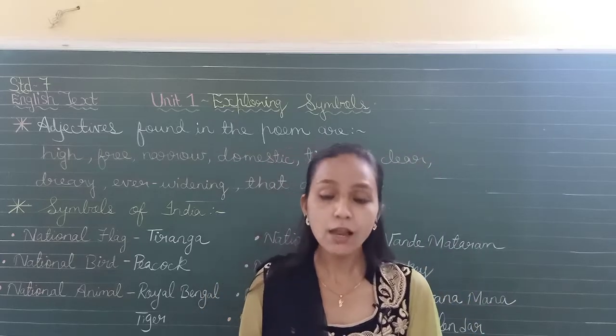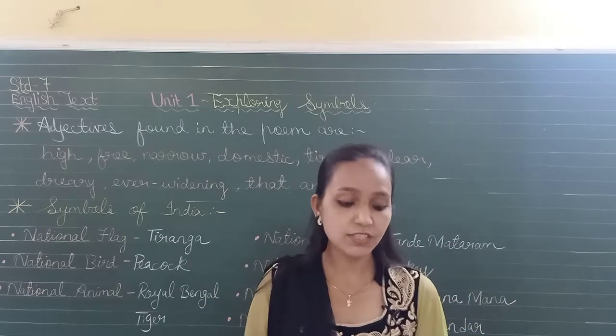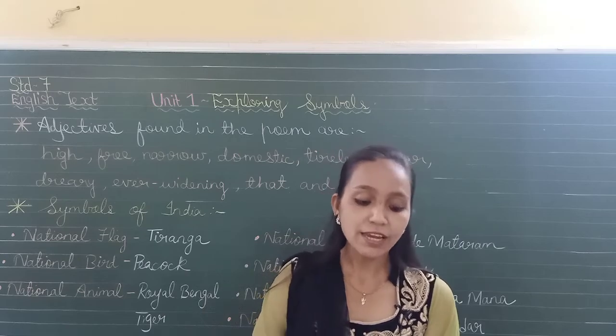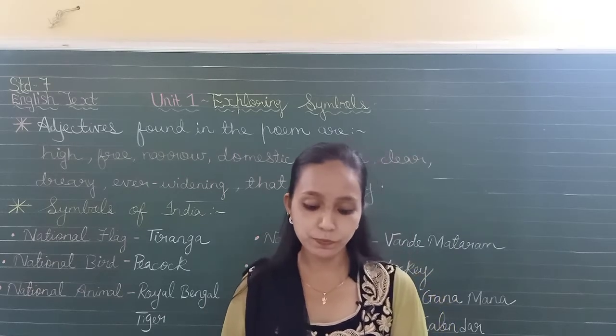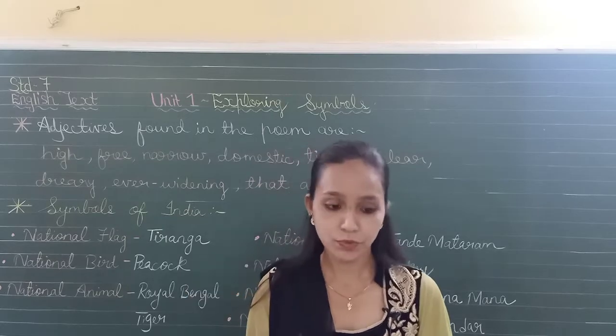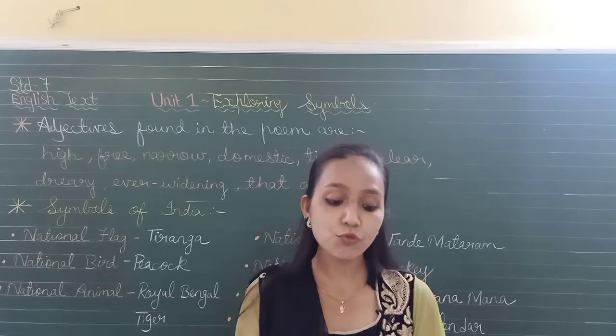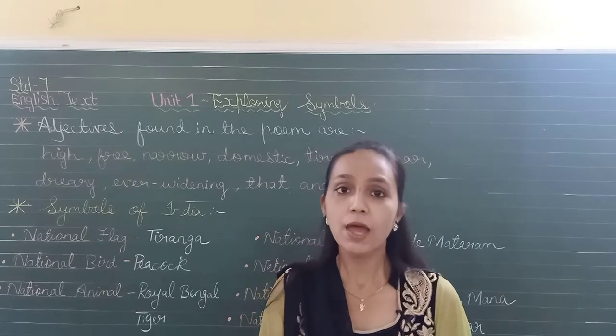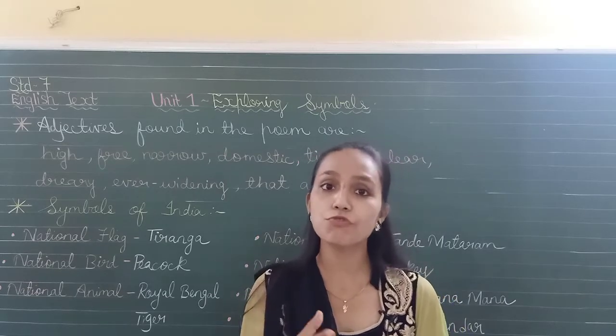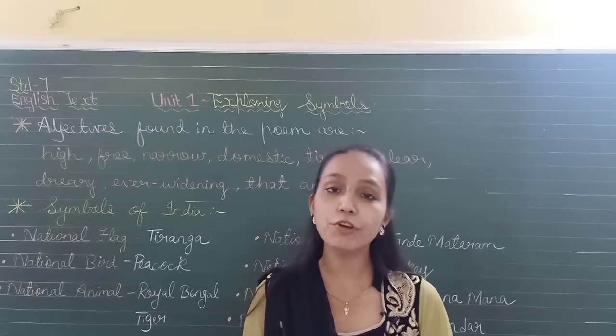Okay, so in all, we have 10 adjectives in this poem. Then we move on to the next activity where Tagore is comparing. He is comparing the stream as a symbol for reason. As I explained to you in the poem, he has compared reason to a stream. Stream is a symbol of reason.